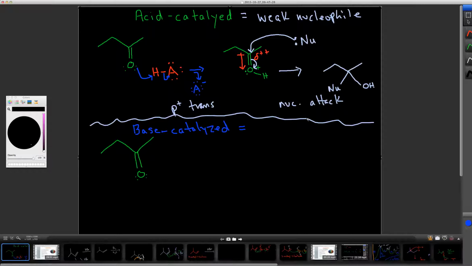The base is the strong nucleophile. An example of a strong nucleophile would be hydride, hydrogen and its electrons, or a carbanion, or a hydroxide, or any base that is the conjugate of a fairly weak acid.